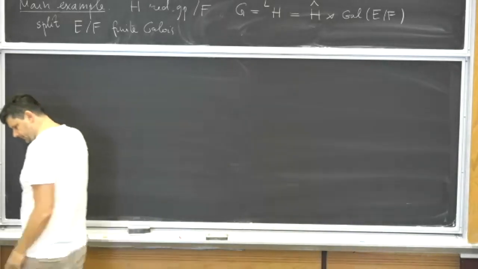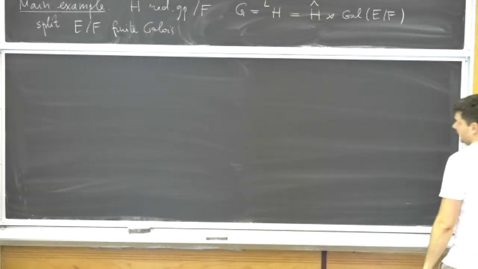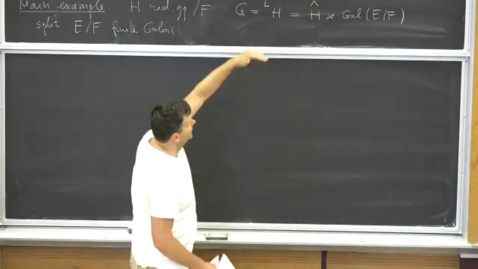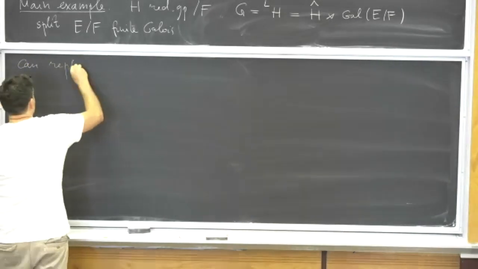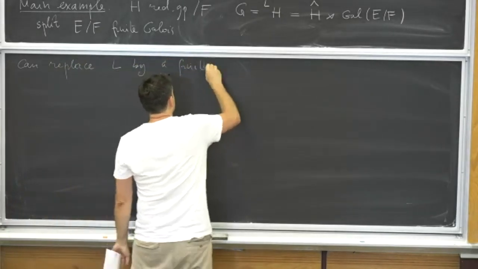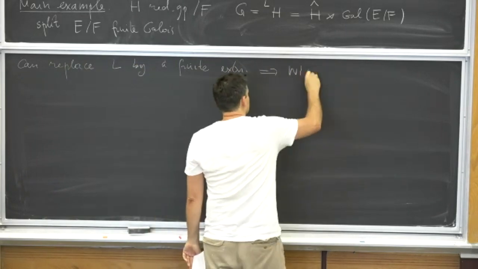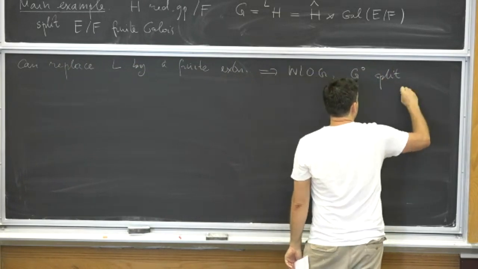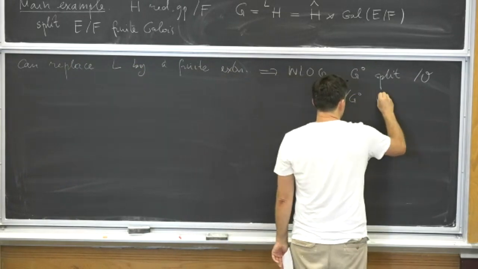So now let me carry on. Essentially, for these statements, we can replace L by a finite extension. And this implies that without loss of generality, I can assume that this connected component is split over O, and the component group is constant.